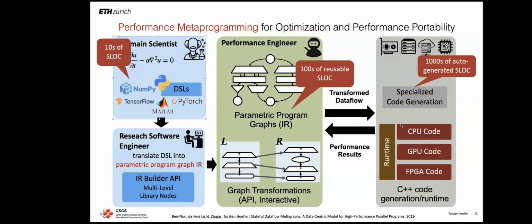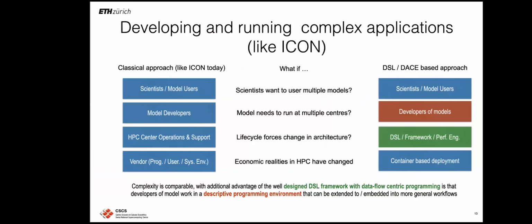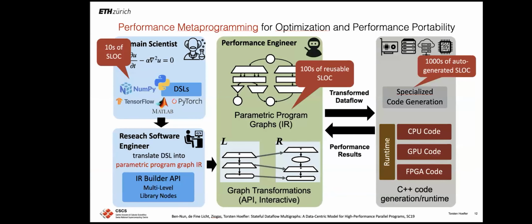And then behind that, you have code generators that then introduce the codes for the target architectures with the proper placement of data in a way that the normal compilers then can recreate this optimal execution.